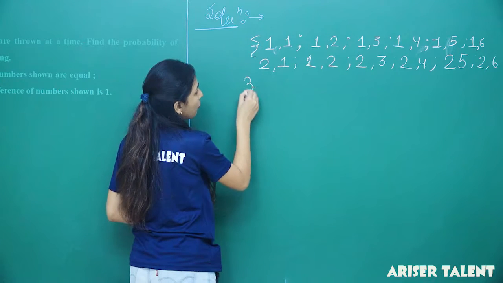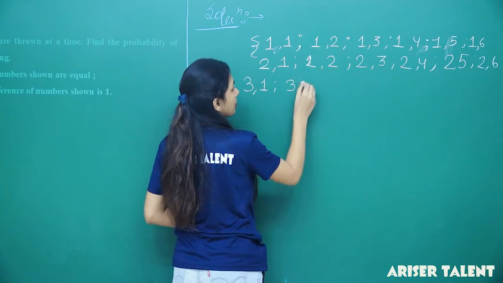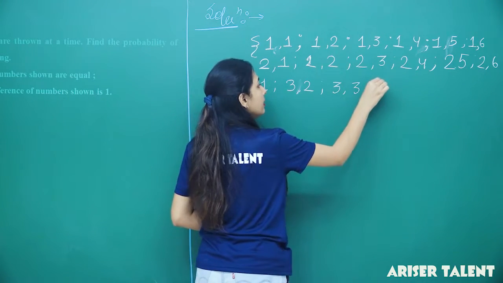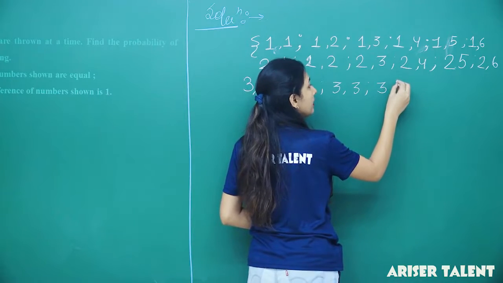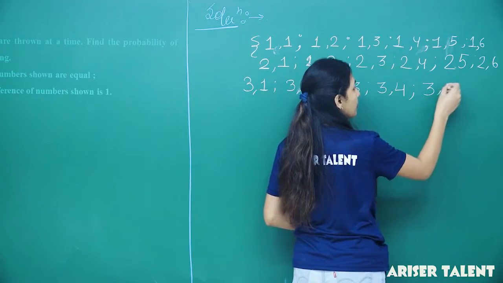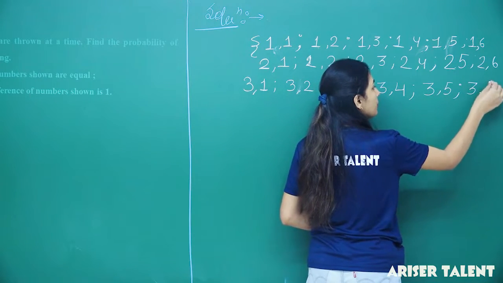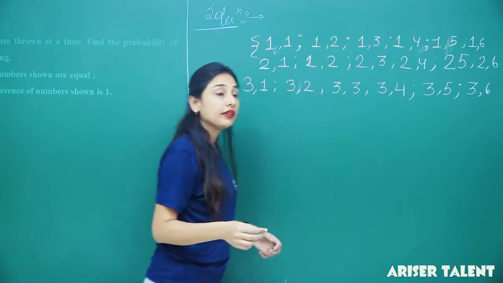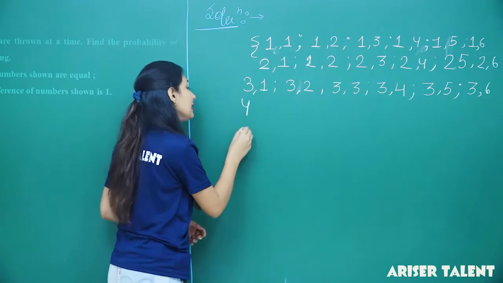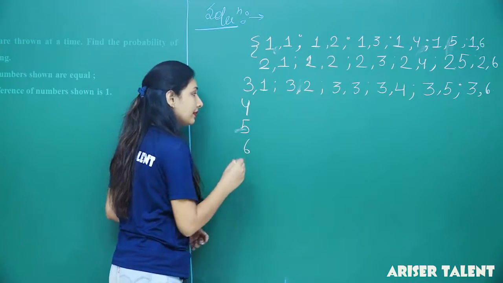Similarly, I can have 3: 3,3, then 3 on the first one and 4 on the second one, then 3 and 5, then 3 and 6. Similarly, I can have 4, similarly 5, and similarly 6 here.